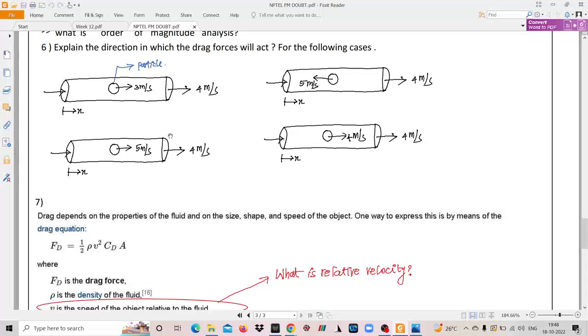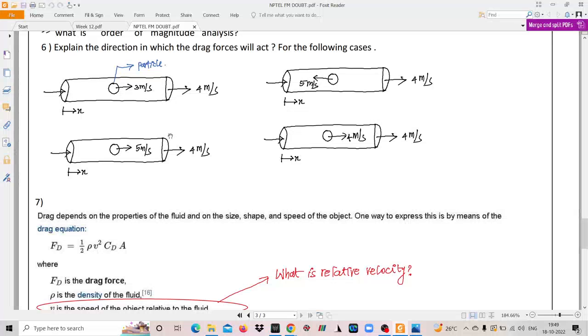Your speed relative to the fluid means you consider the speed of the fluid as the benchmark or reference. I'm not talking about frames of reference. I'm simply saying if you observe your speed with respect to the speed of the fluid. It will be minus 1 meter per second.